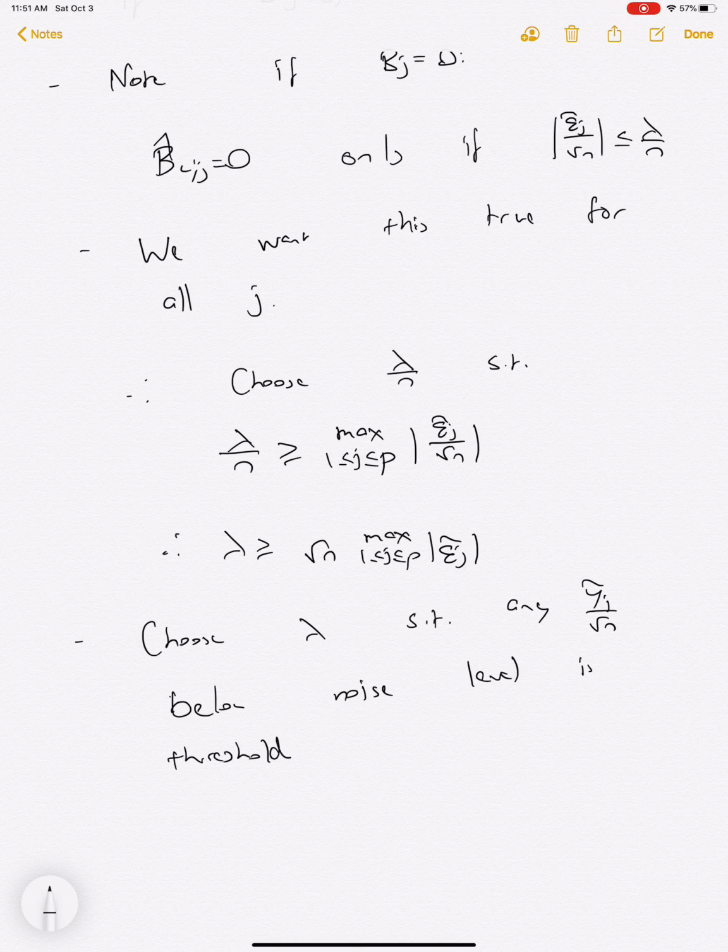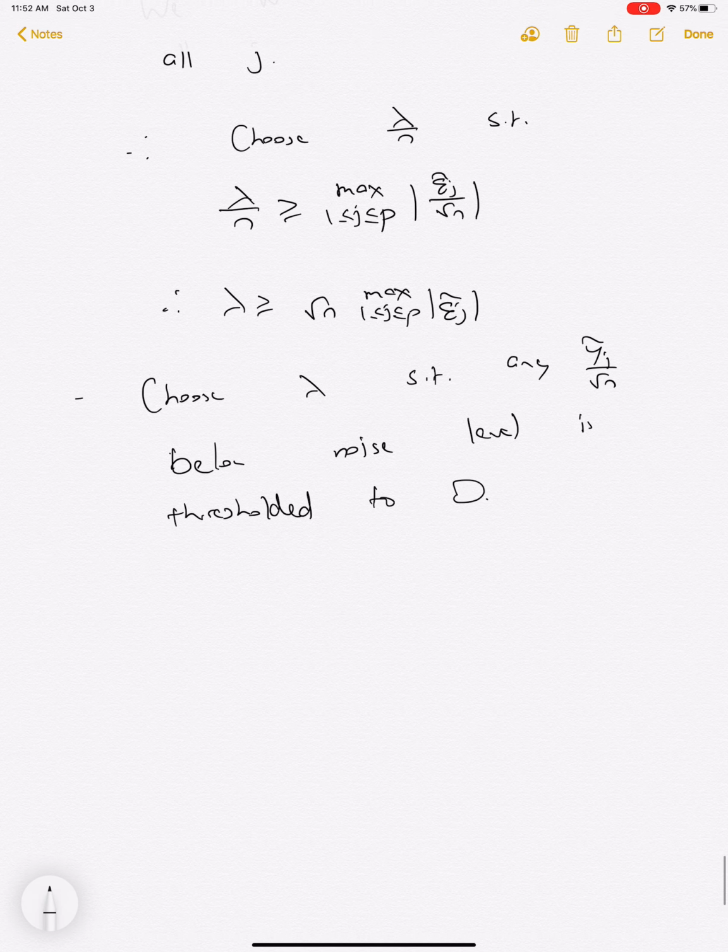So we want to choose lambda large enough, because if you choose lambda equals 0, you just get the least squares estimator, but that's not going to shrink things if bj is 0. And so we want to choose lambda such that the square root of n times the maximum over j of these normal random variables is 0.